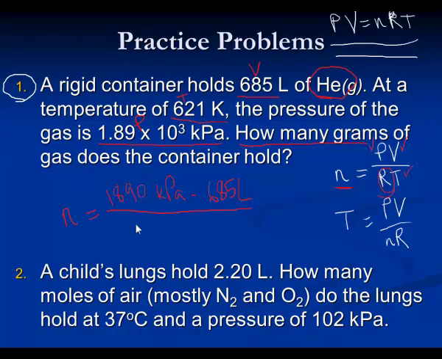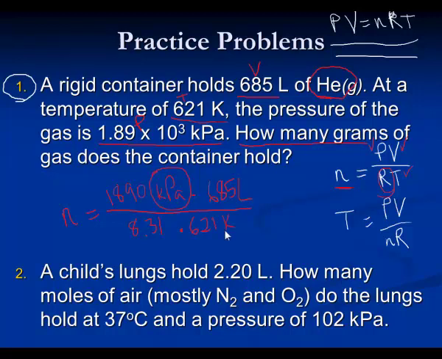gas constant, which, because we have units for pressure, kPa, our gas constant needs to be 8.31. And our final value, the temperature given already in Kelvin, 621.